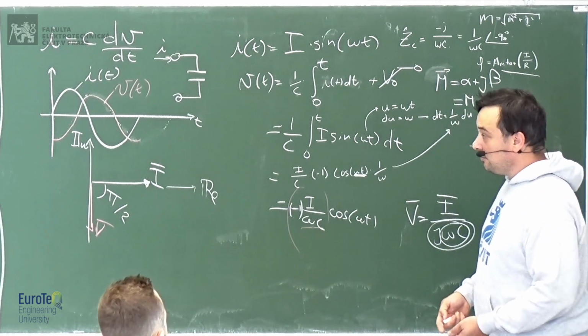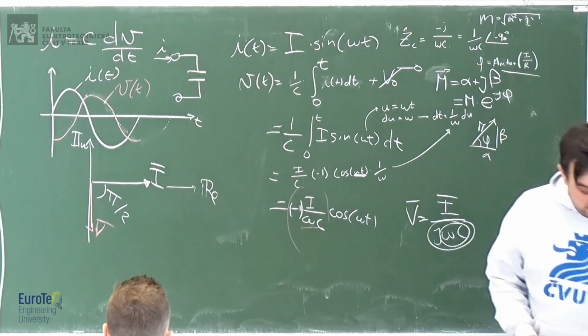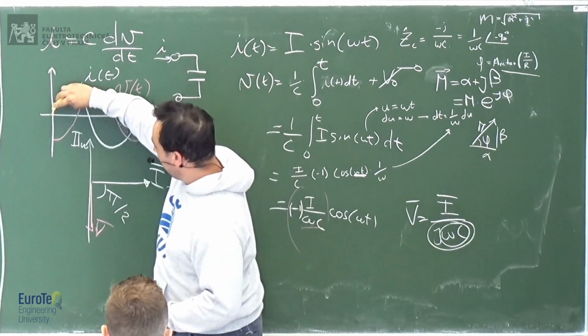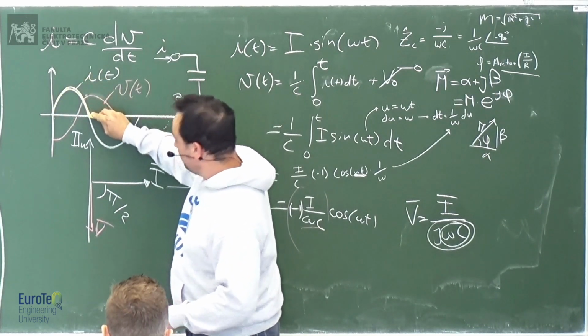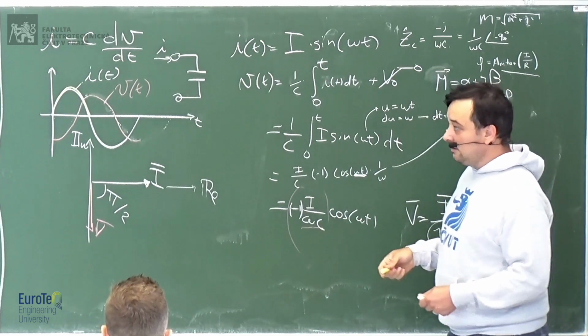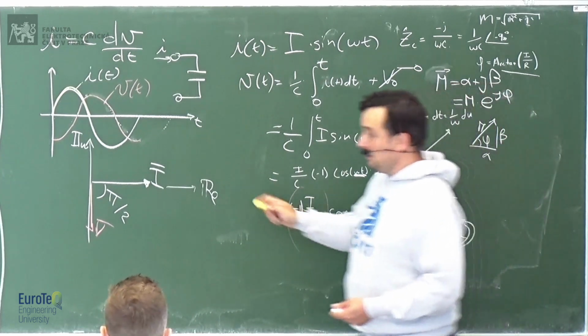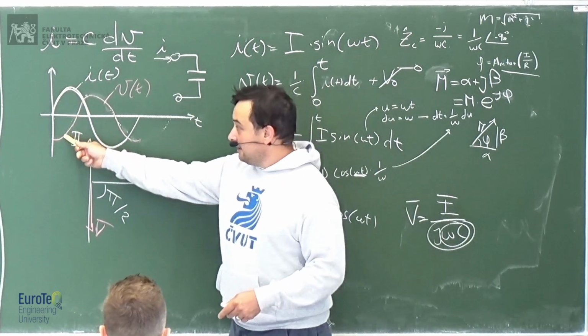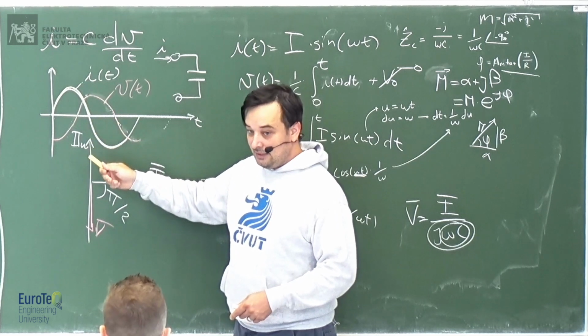That's exactly what you see here in this equation, because here you have a current which is positive, and during the time the current is positive, the voltage is increasing. But it's not a matter of sign. Here is negative, here is positive, okay?